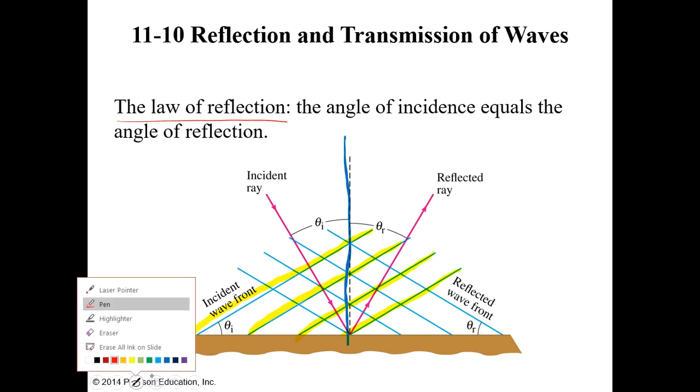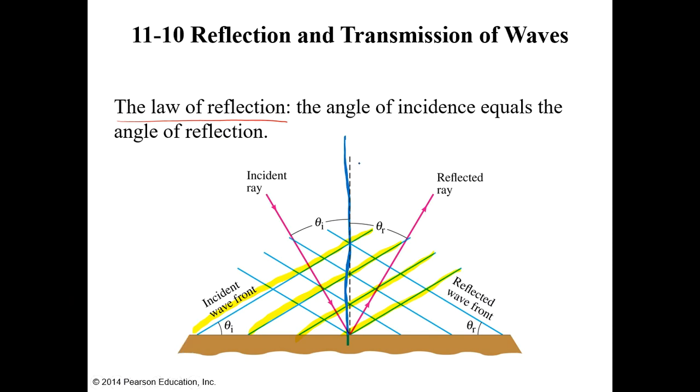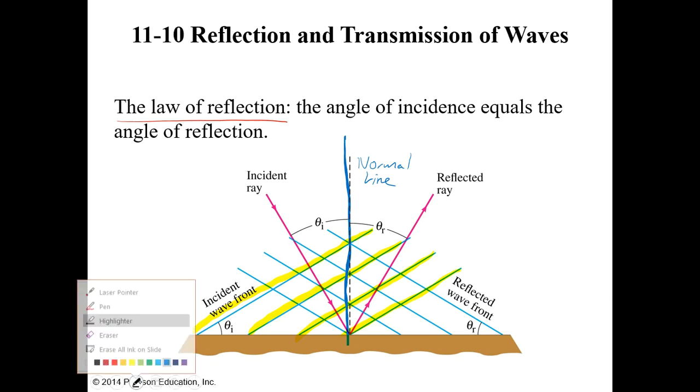This is our normal line. And then we measure the angle from the normal line to the ray. And that's how we measure the angle of waves. So we've got our incident wave, and it comes in at an angle of theta I, being incident or incoming.